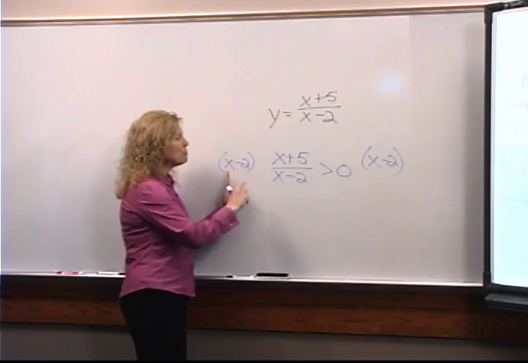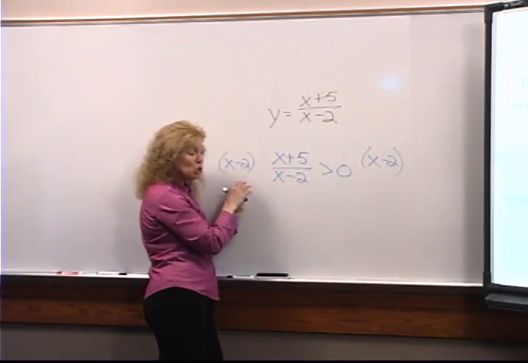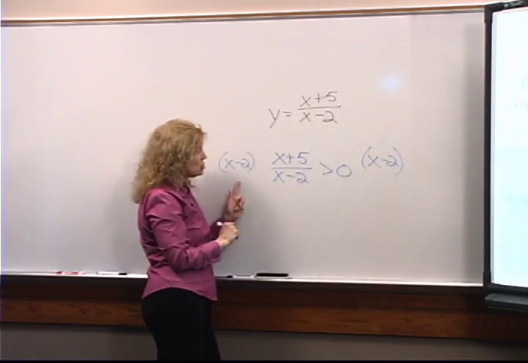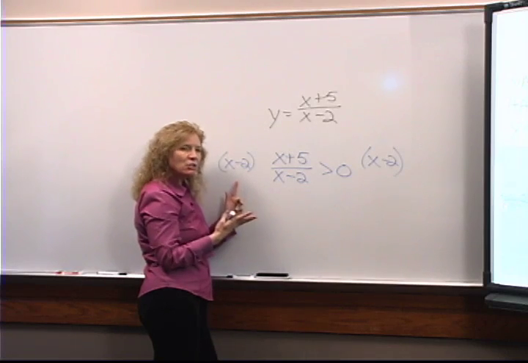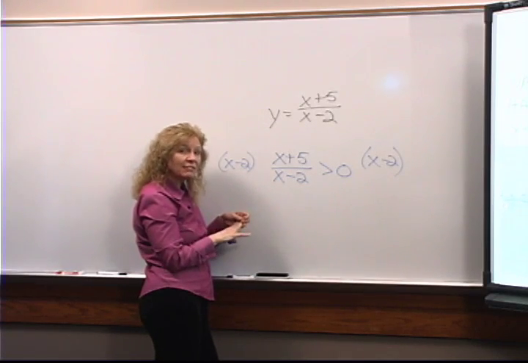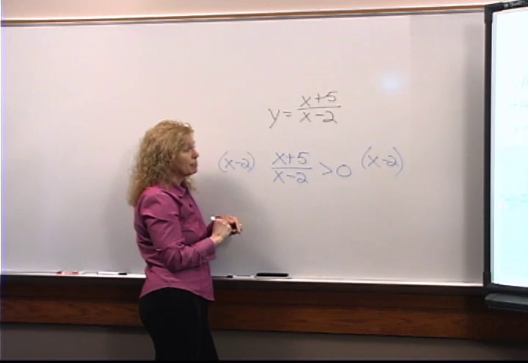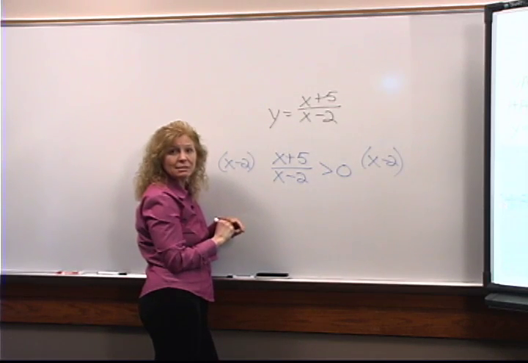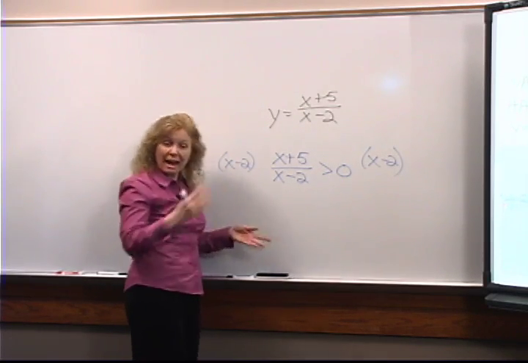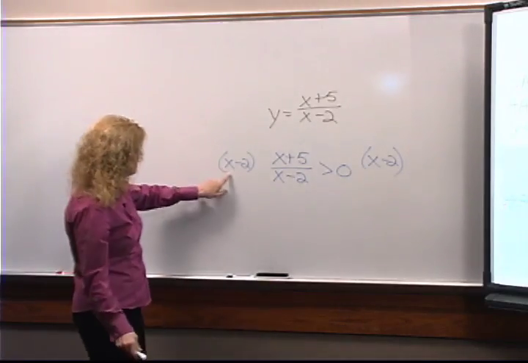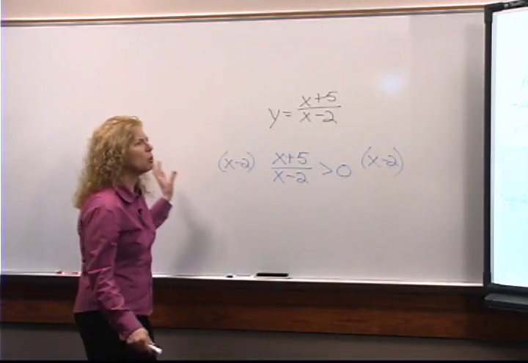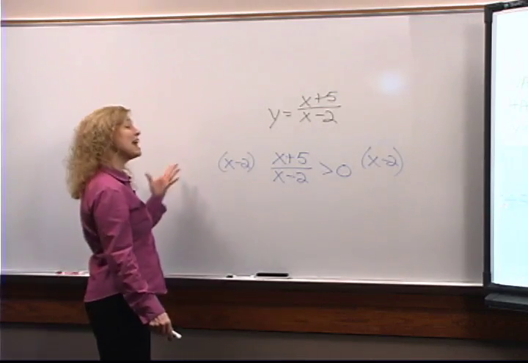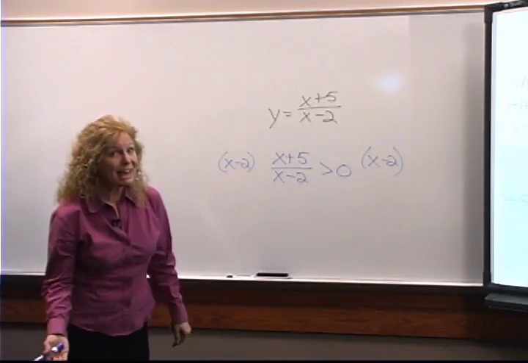You're choosing to multiply both sides by x minus 2 to clear out this fraction. But is x minus 2 a positive number or is it a negative number? Well, that depends on x. If x is bigger than 2, you're multiplying by a positive. If x is less than 2, you're multiplying by a negative.